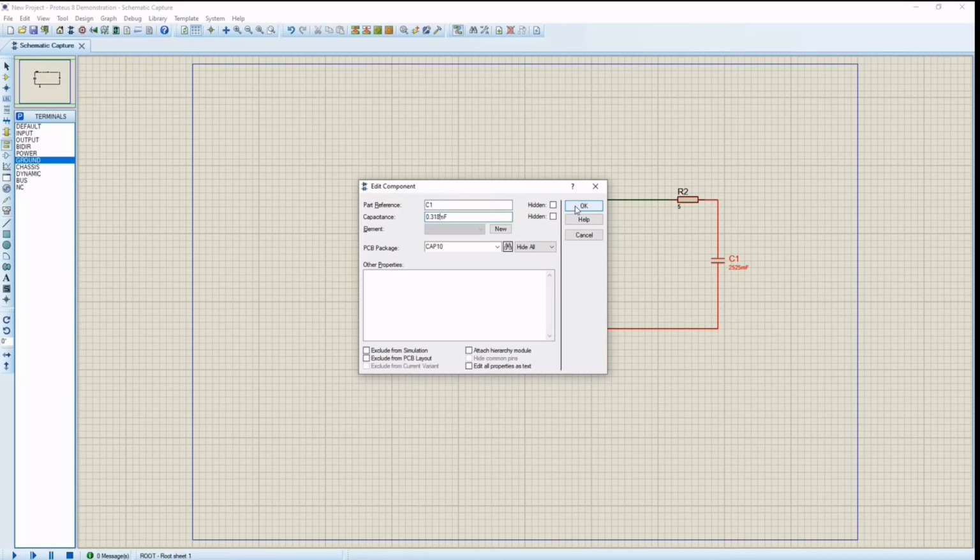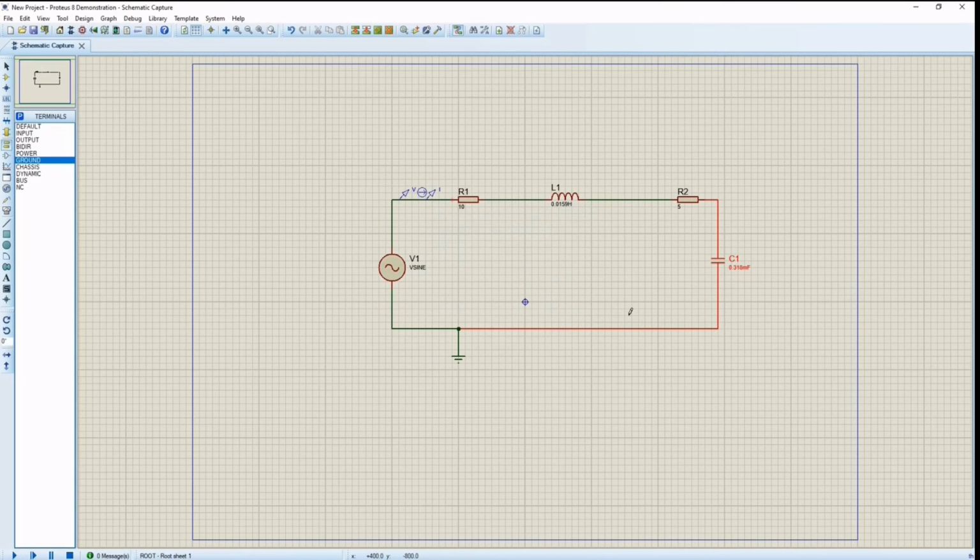Okay, so after we put all the values of the devices, we go to this graph mode and we look for the analog graph, and we select here.